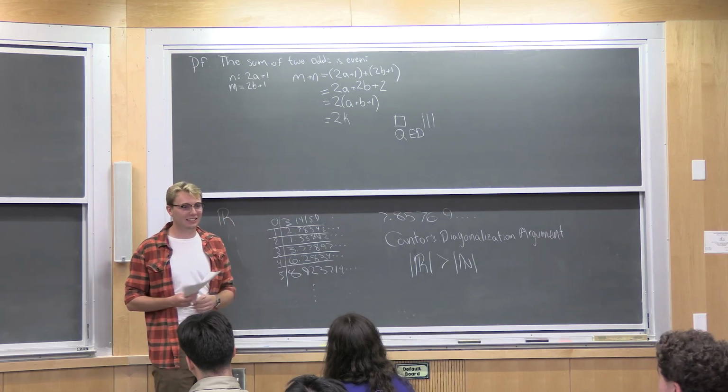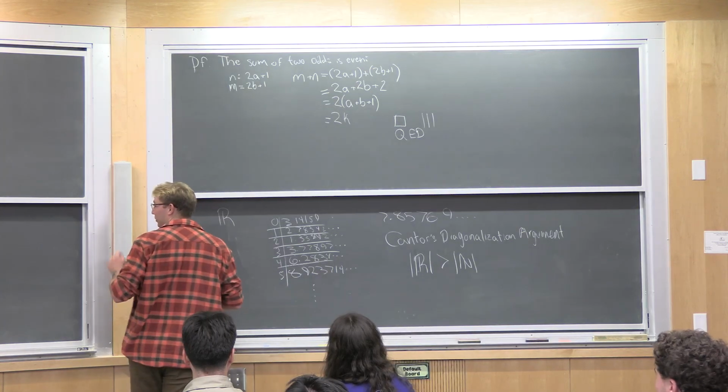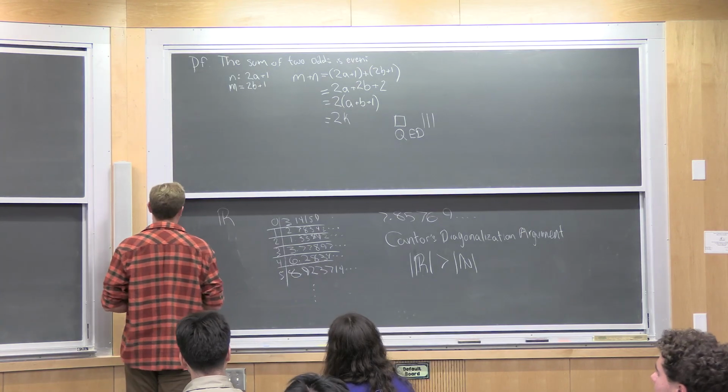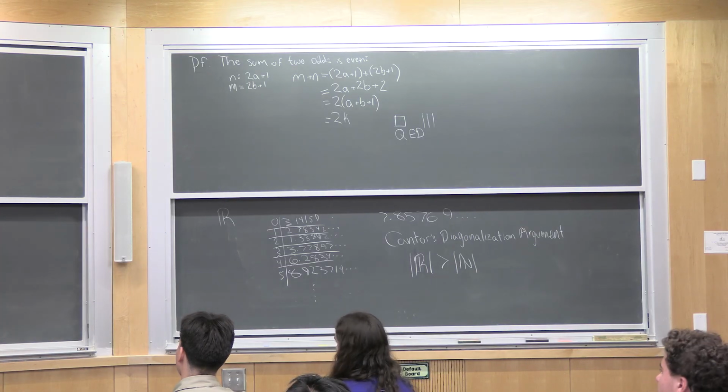So, what about the rationals? The rational numbers are equinumerous to the natural numbers. If we go back here, we can set these ordered pairs as, well, that's the point 1, 1.